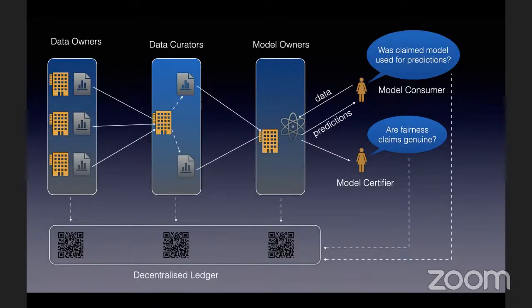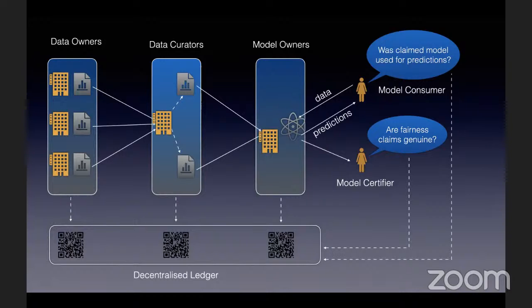So let's say they publish a hash of the data, and similarly, data curators, when they create these curated data sets by applying certain operations on the data that they have gathered, publish the hash of the curated data sets. Similarly, model owners also publish the hash of their models. And let's say they publish at some place which is trusted. So it could be maybe a blockchain, right? A decentralized ledger of blockchain. So some trusted place, they publish the hash of their respective assets.